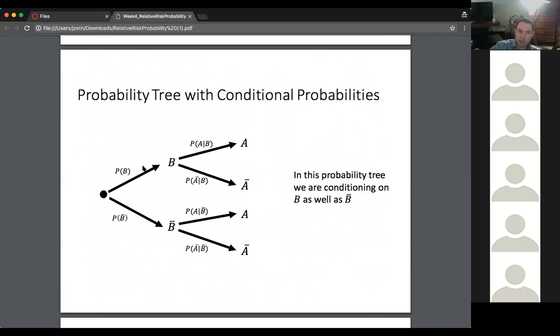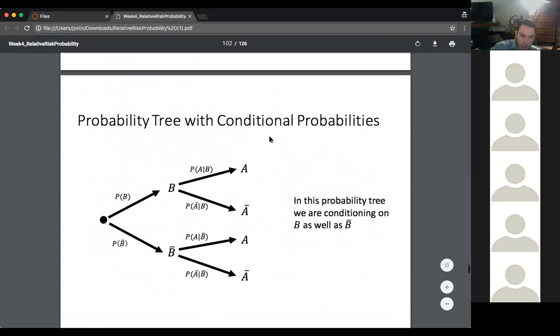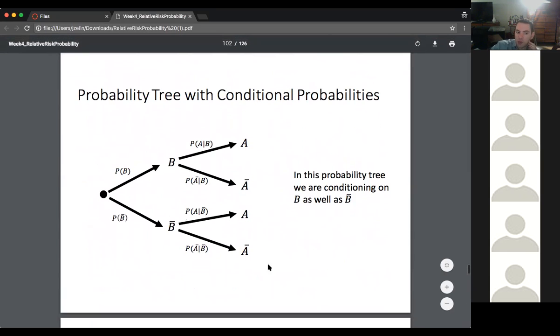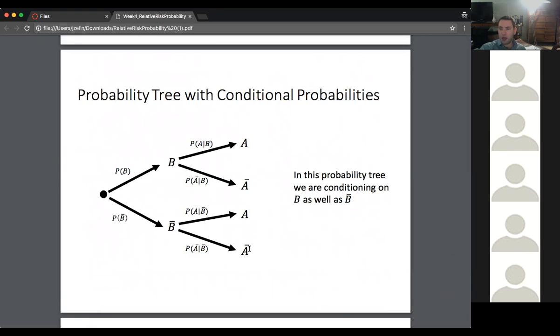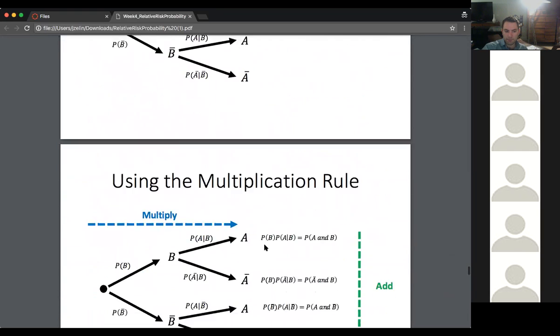So in order to calculate that, we multiply the two probabilities of the tree and get a given probability. Likewise, we can calculate the probability of not A occurring given not B occurring. So this is a nice way to keep track of your different conditional probabilities so it doesn't become too confusing.